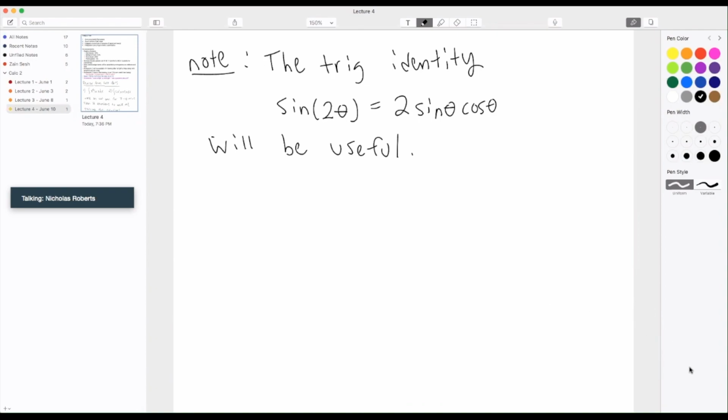Okay, all right, so let's actually get down to an example here. The example is the integral of the square root of 9 minus x squared dx.